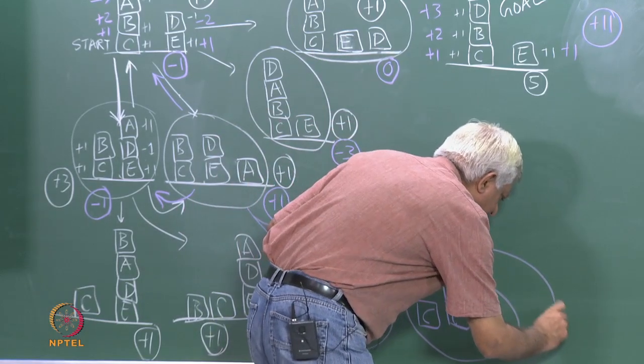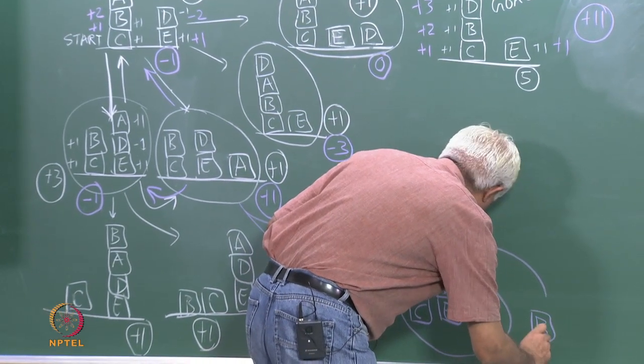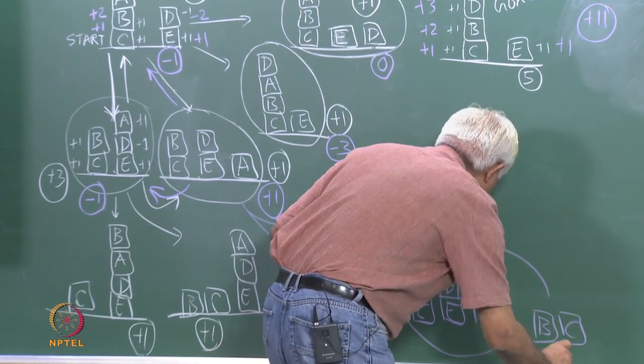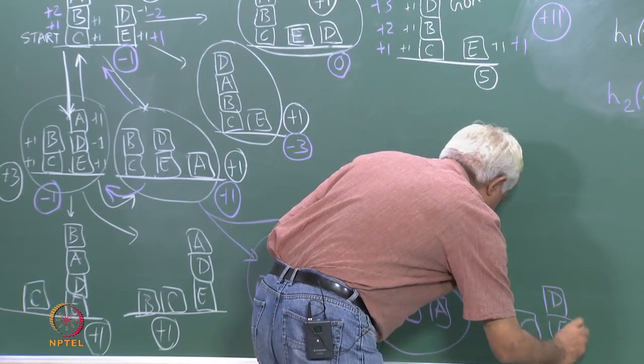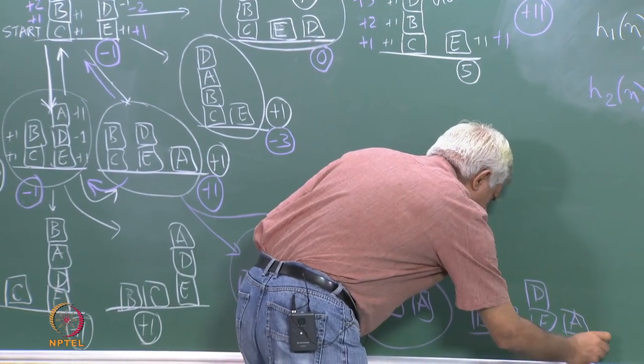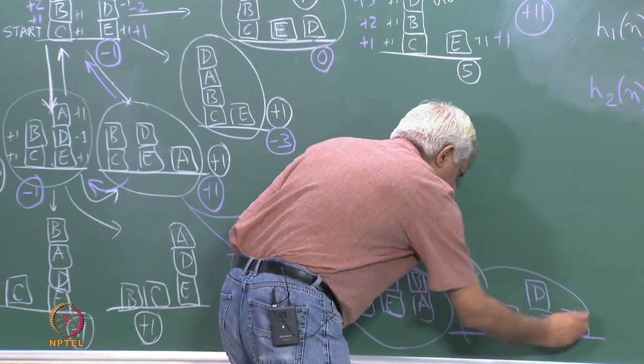So, these are all B moves that we are looking at. That is the third possible state.